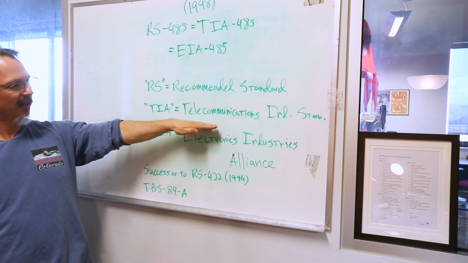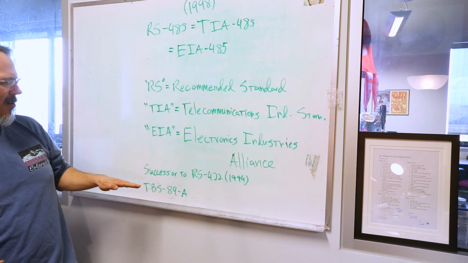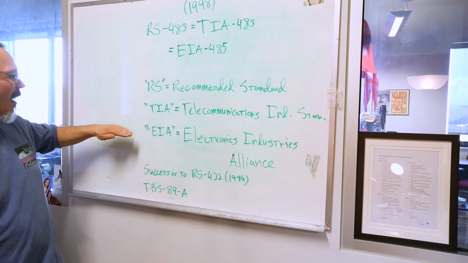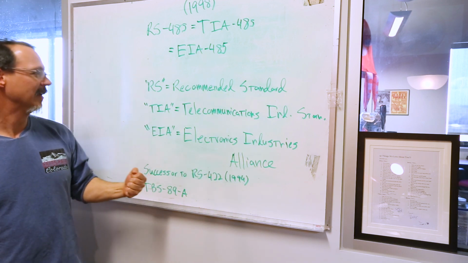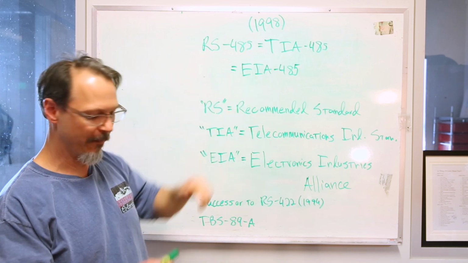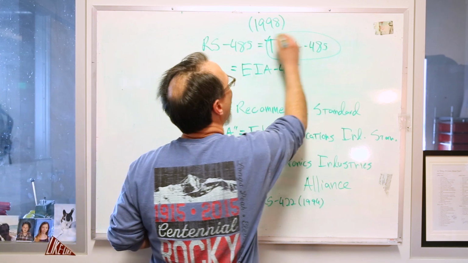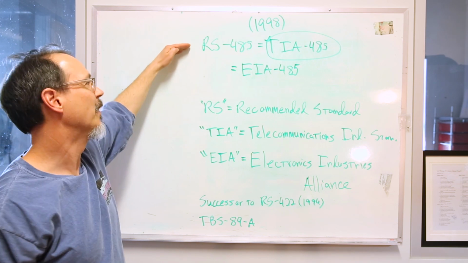TIA stands for Telecommunications Industry Association. I don't know why I keep writing standard. EIA stands for Electronics Industries Alliance. And like I said, it's now officially TIA 485, but everybody still refers to it as RS-485.